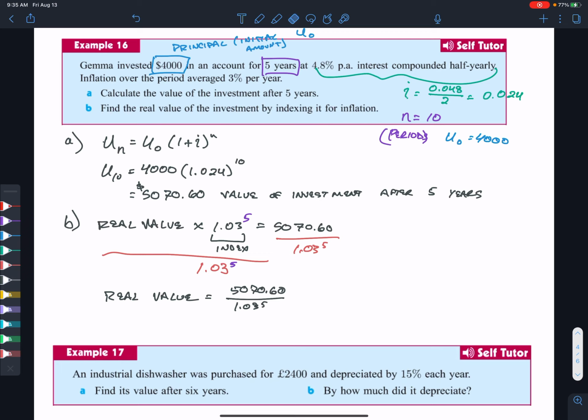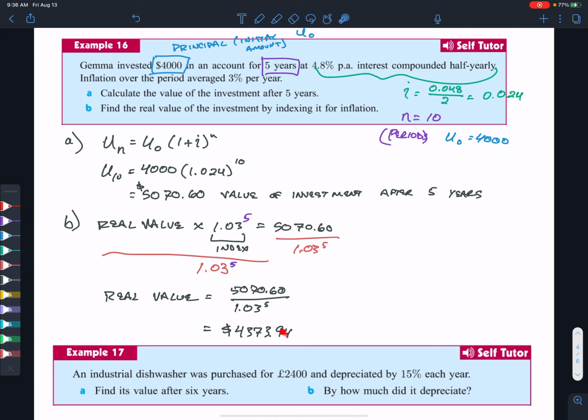Let me clean that up a little bit. So the real value will be equal to $4,373.94.